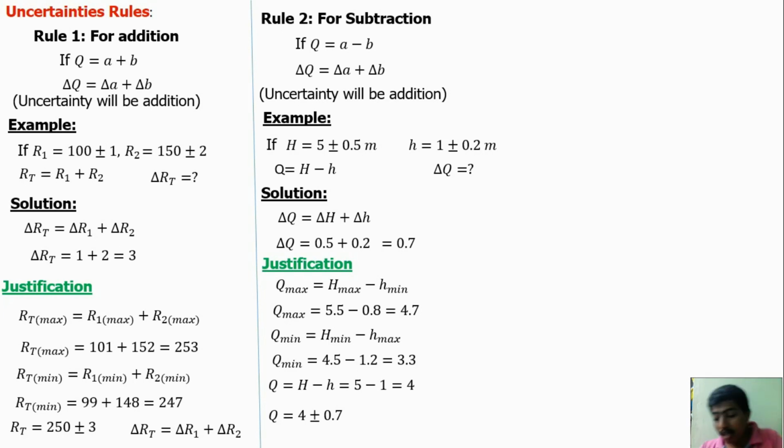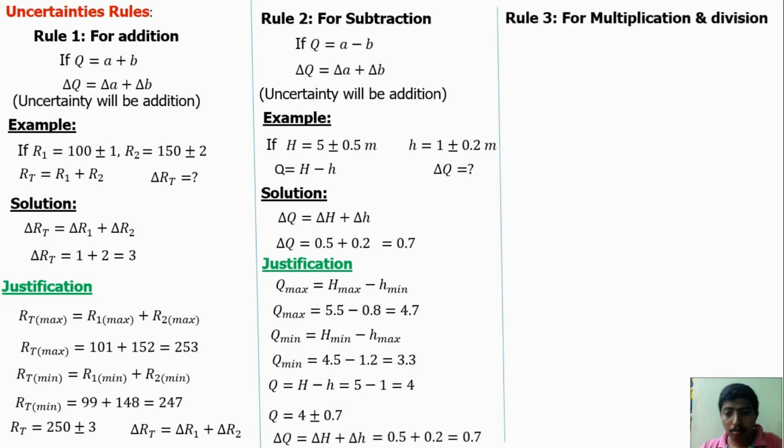Okay. For rule 3, for multiplication and divisions, if Q is equal to x y by z, here x, y, z are the measured parameters. X has some uncertainties and y has some uncertainties, z also has some uncertainties. What is the value of uncertainties of Q?